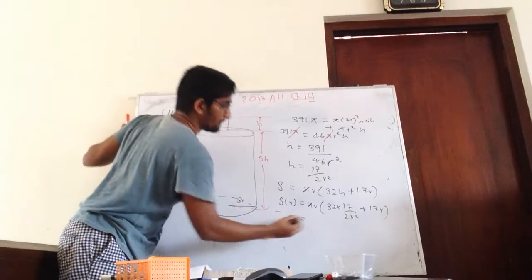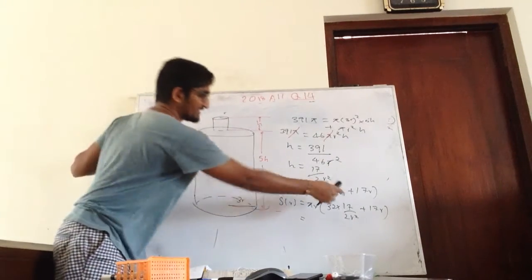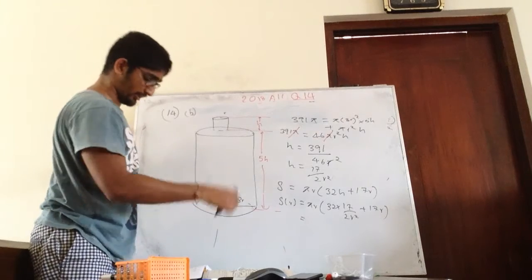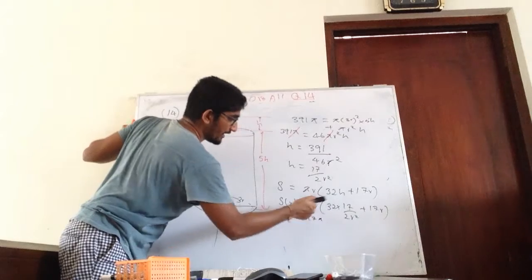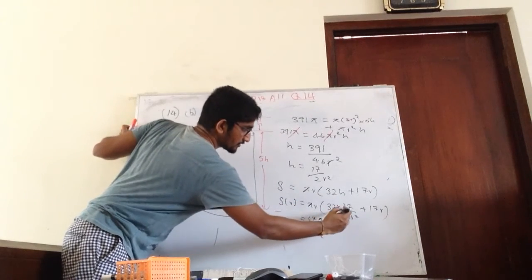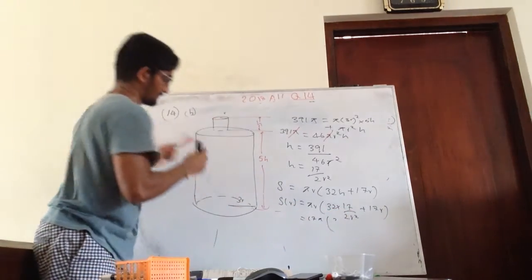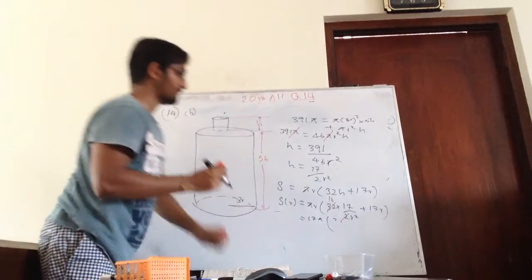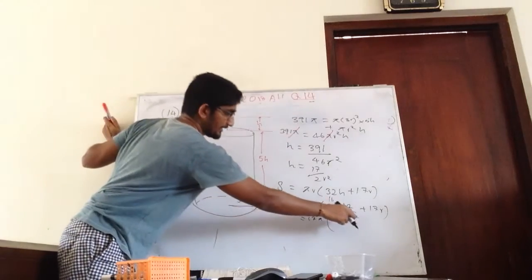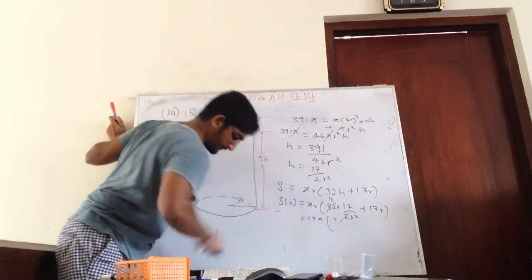Then so then what I'm going to do here is I'm going to take 17 out, right? So if I take 17 out, I'll get 17 pi and I'm going to put the r inside. So then I will get, so this can be cut as 16. So I will get 16. So one of the r will be cancelled off.